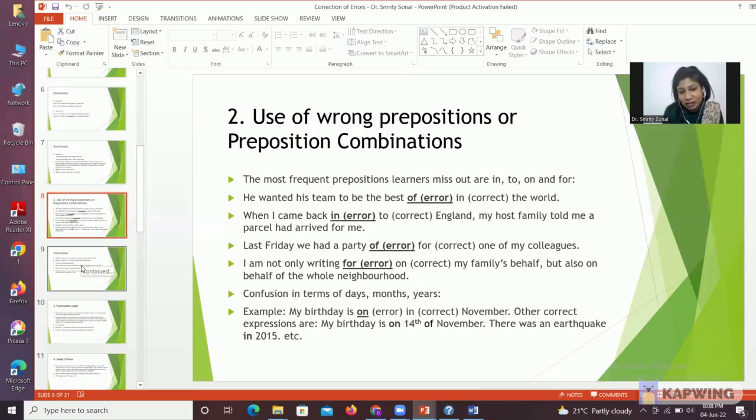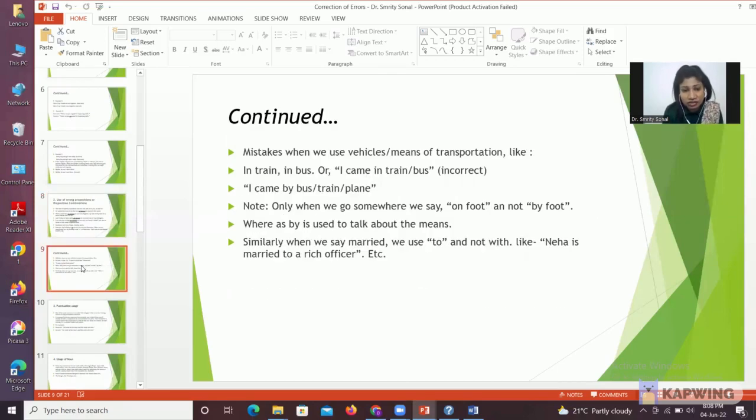Similarly, we have other examples of preposition combination errors. When we use a means like a vehicle, we say by bus. I came by bus. And when you say in bus, that conveys a different meaning. On bus, that conveys a different meaning.